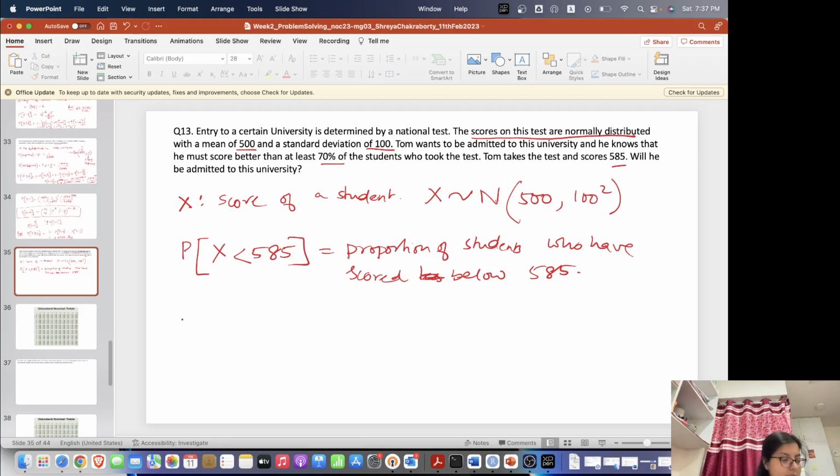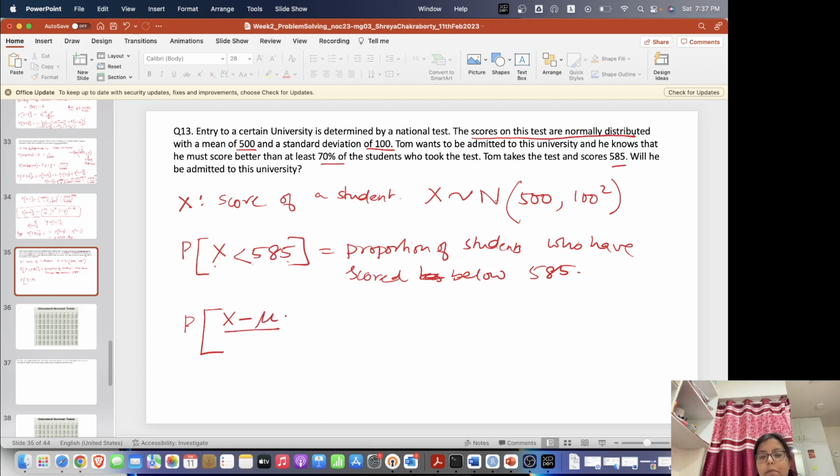Now I have to find out this probability. So instead of doing this, I can always transform it to a standard normal variable. So how do I standardize?